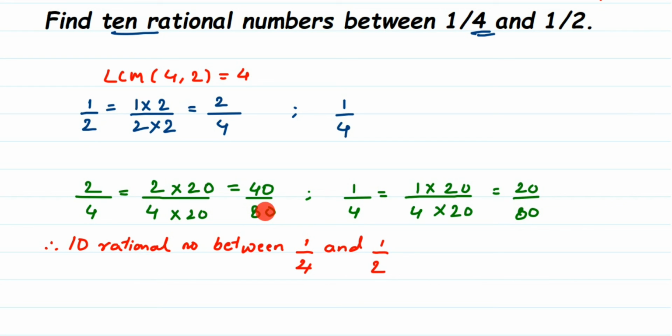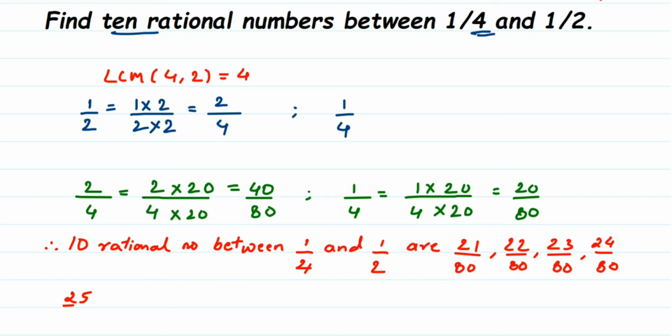So 10 rational numbers between 1 by 4 and 1 by 2 are, I'm going to start with 21. So 21 by 80, 22 by 80, 23 by 80, 24 by 80, and then you have 25 by 80.